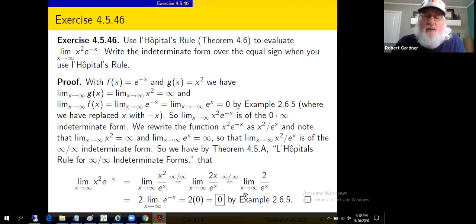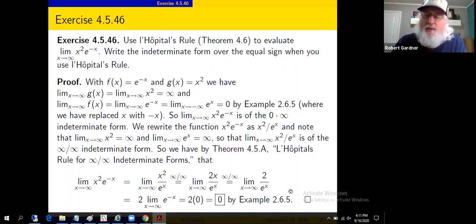So we get the limit as x approaches infinity, applying L'Hopital's rule a second time, of 2 over e to the x. The derivative of 2x is 2, and the derivative of e to the x is e to the x. This, you wouldn't be surprised to learn, is 0. The denominator gets really big when x gets really big, and the limit is 0. But to make it a touch more formal, let's bring the 2 out front, and write 1 over e to the x as e to the negative x.